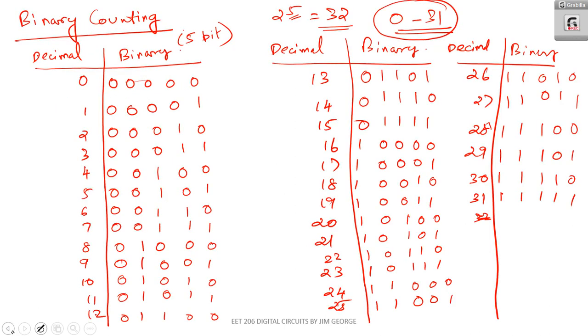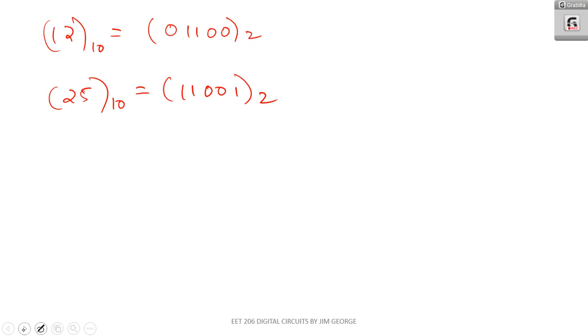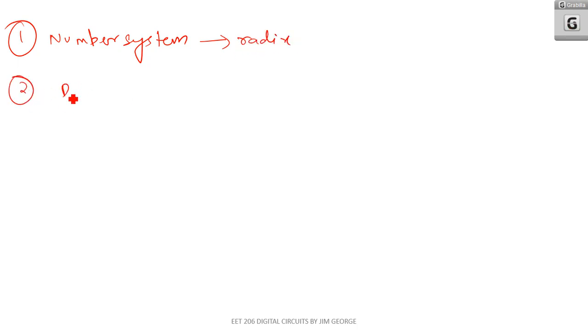To conclude lecture number 1, the topics dealt with in this lecture are: first, what a number system basically is. In the number system we have discussed radix. Then we have discussed the decimal number system.